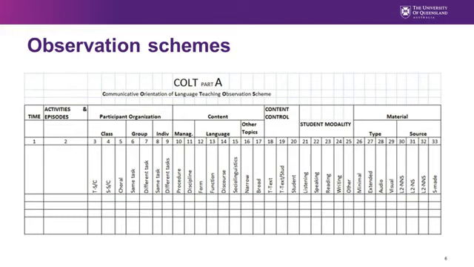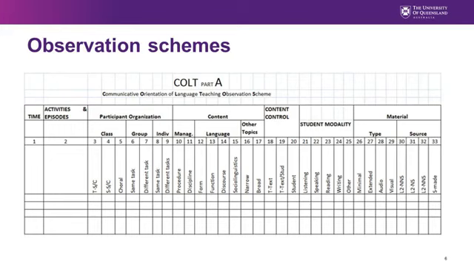So when using part A, observers can record whether the activities are learner-centered, whether the focus is on language form or meaning, and whether students work in pairs, in groups, or individually to complete an activity.